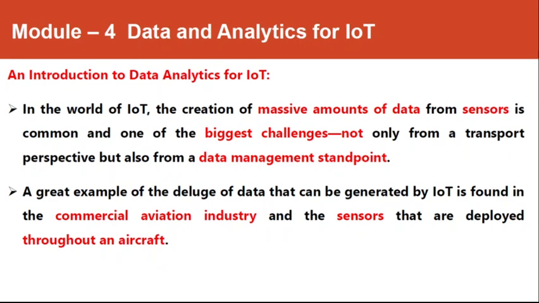In the world of IoT, the creation of massive amounts of data from sensors is common and one of the biggest challenges, not only from a transport perspective but also from a data management perspective. For example, a deluge of data can be generated by IoT in the commercial aviation industry, with sensors deployed throughout the aircraft.